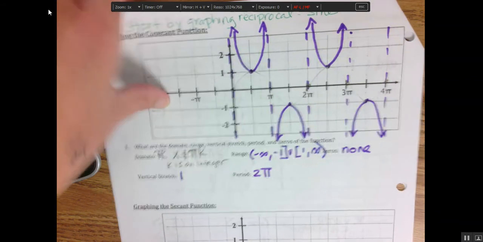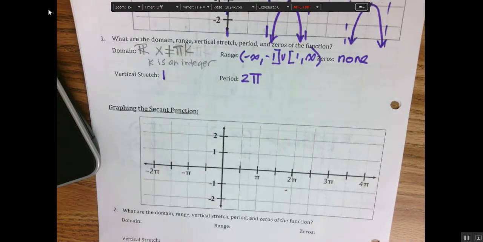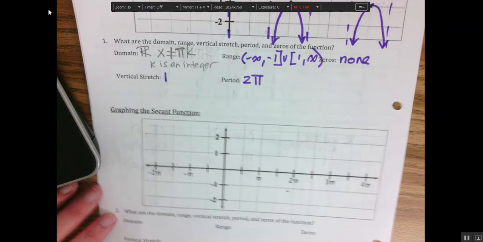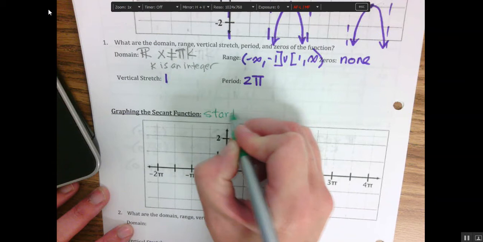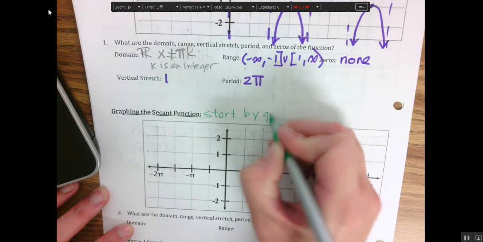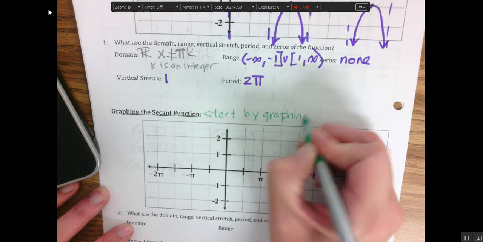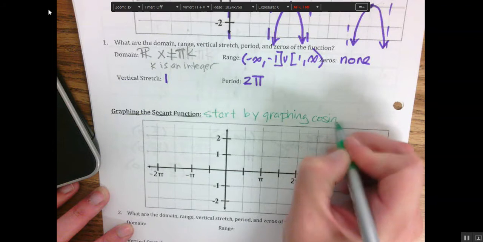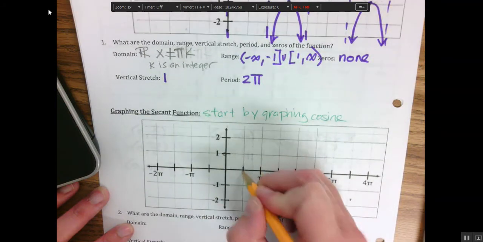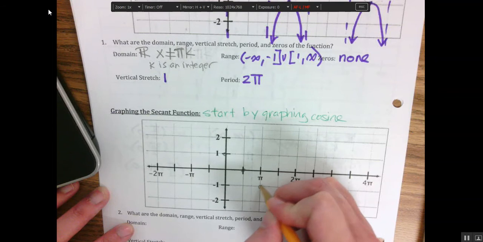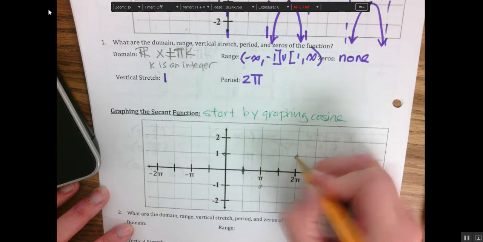All right, secant. What do you think we're going to graph to help us graph secant? Cosine, very good. So we're going to start by graphing cosine. Go ahead and do it. Again, you want your cosine to be light. So 1, 0, -1, 0, 1.